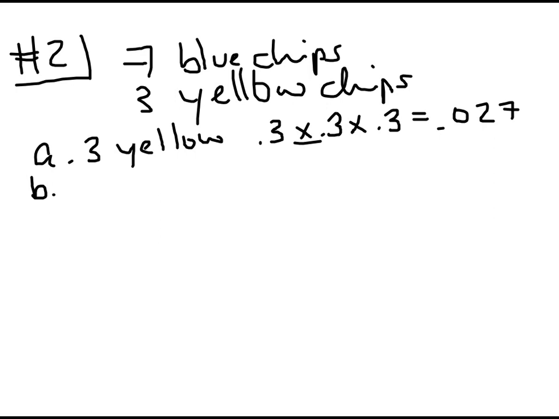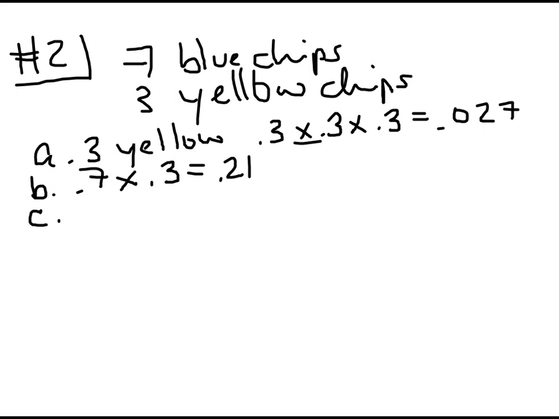Again, this is with replacement, so the probability of drawing a blue chip on the first draw is 0.7. We've replaced it, so the probability of a yellow chip on the second draw is 3 out of 10, so 0.3, which gives us a probability of 0.21.